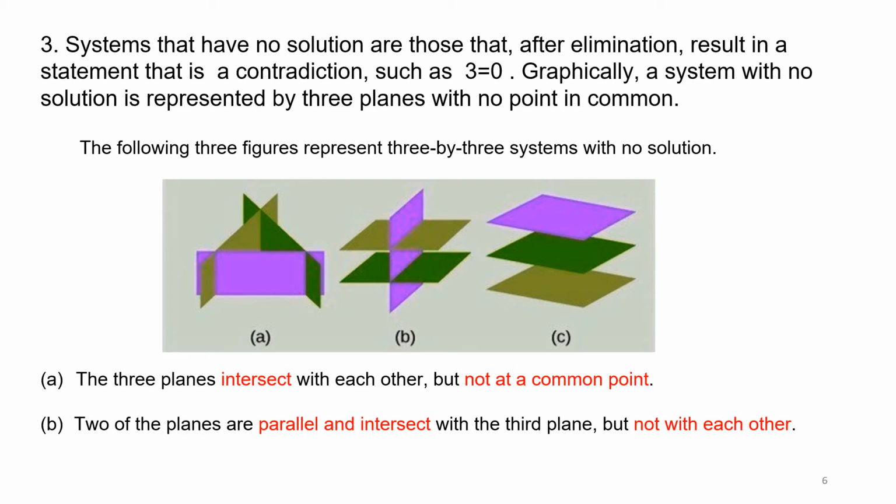The second one, B, we have here two planes which are actually parallel and intersect with a third plane, but not with each other. Then, the last one here is a representation of planes which are parallel, but there is no point of intersection.